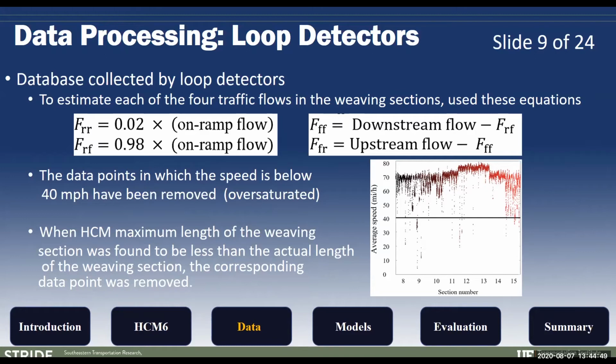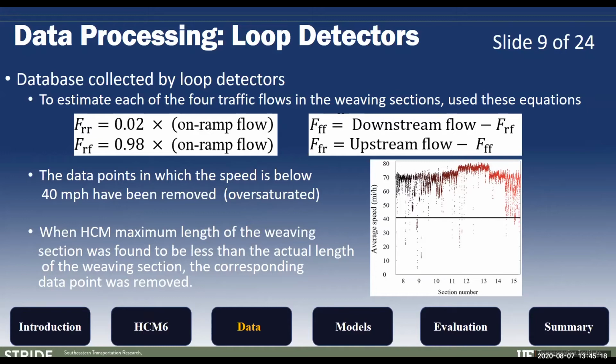And you can see as soon as the speed dropped below 40 miles an hour, we essentially took that data out because we do not want to be analyzing oversaturated segments. Anytime a segment becomes oversaturated, that answer needs to go into the freeway facility analysis to look at queuing, dissipation, and queuing generation.